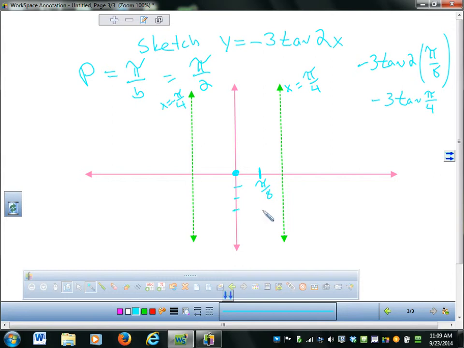So over here at pi over 8, I'm going to go through negative 3. Which makes sense because this is negative, so normally tangent would start down here and work its way up, but in this case, it's working its way down. Then by symmetry, go up here 1, 2, 3, and know that at negative pi over 8, I'm going to be at positive 3, and then I'm going to sketch in my curve.